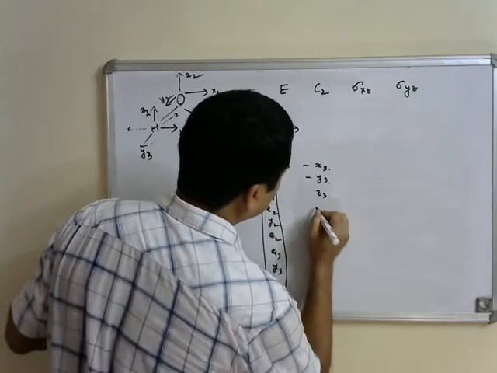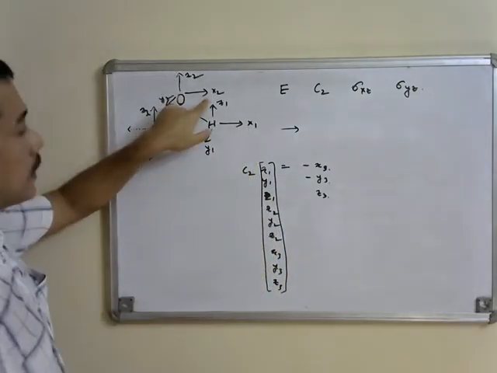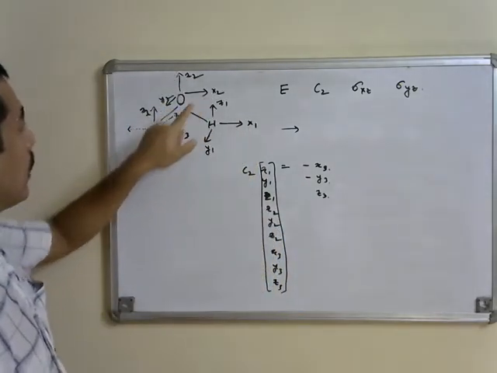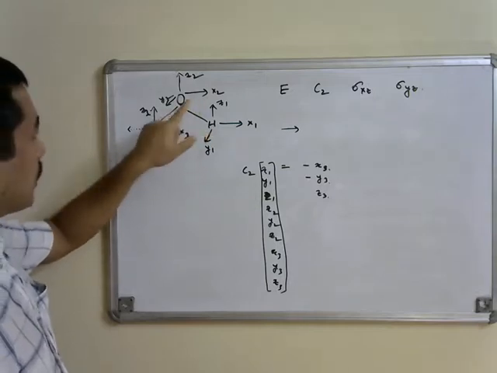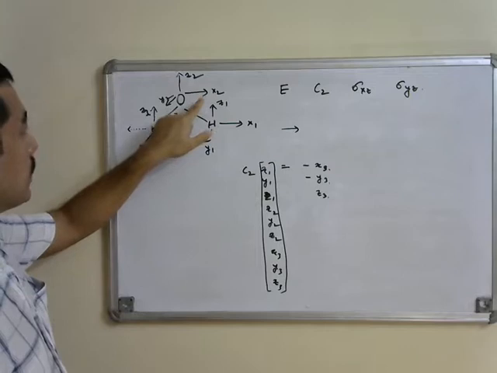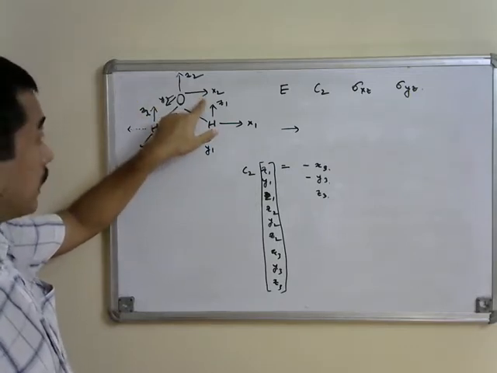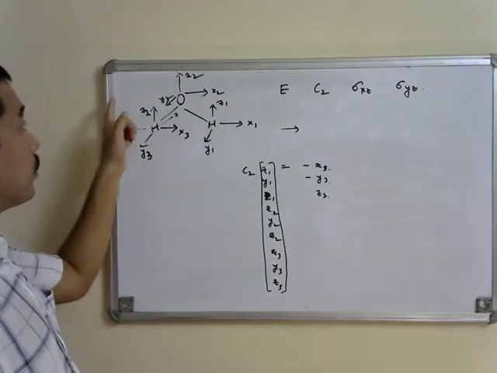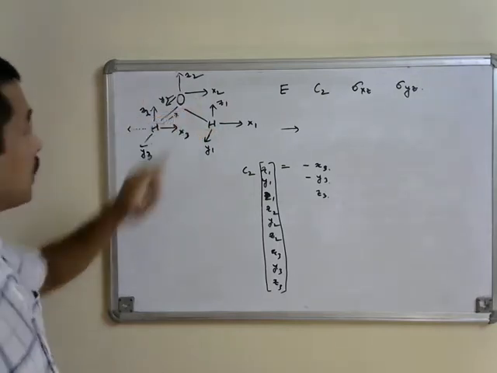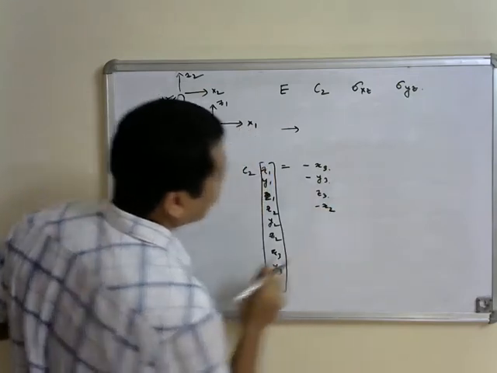Similarly, if we look now at X2, X2 is this vector over here. If we do the C2 operation, the oxygen atom does not move, and that is why X2 changes direction, but the position of the X2 vector does not change. That is, it goes only to minus X2, but its position remains the same.